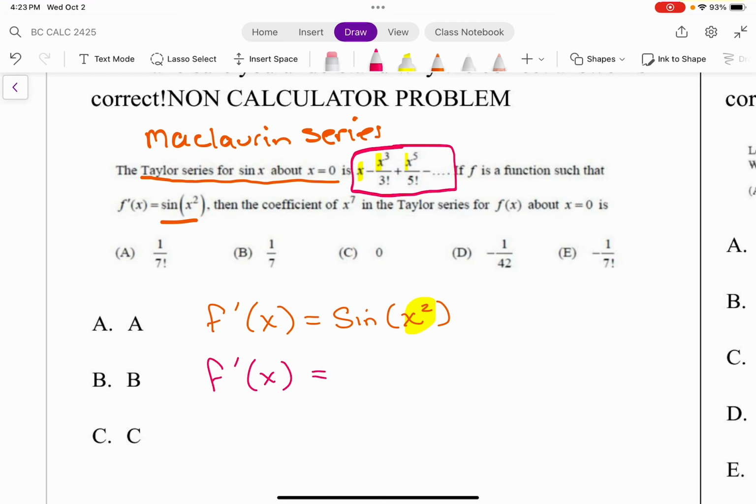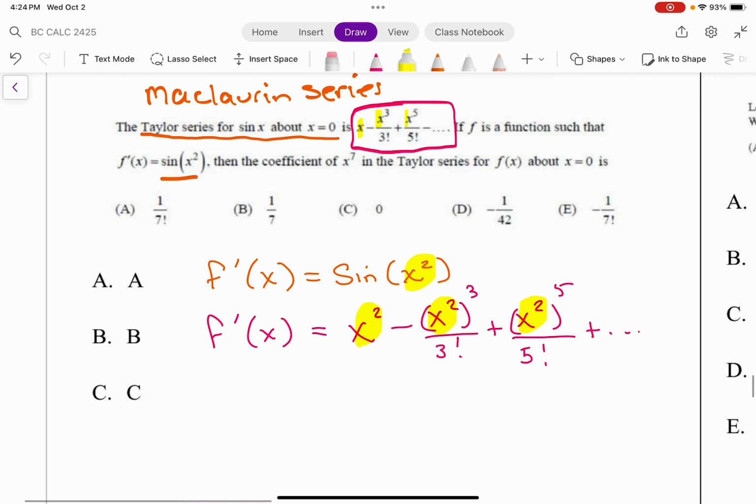So rather than x, it's gonna be x squared. Rather than x cubed, it's x squared cubed over 3 factorial plus x squared to the 5th over 5 factorial. Okay, so again, notice I just use a little substitution here. Okay, so that's f prime.